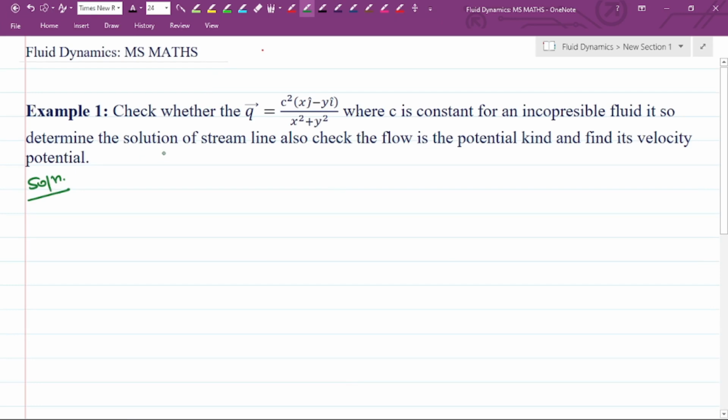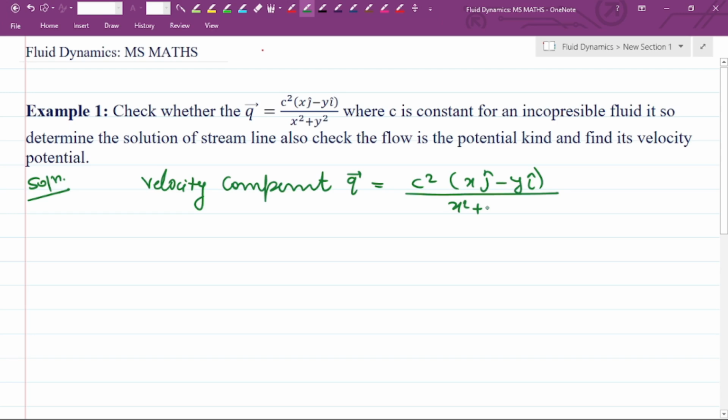First of all, we have a velocity component. The velocity component is basically q vector is c square x j cap minus y i cap upon x square plus y square. So in this case, to find how the motion is, we'll find the divergence.